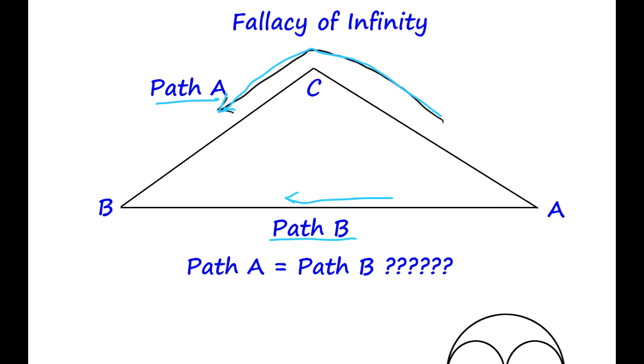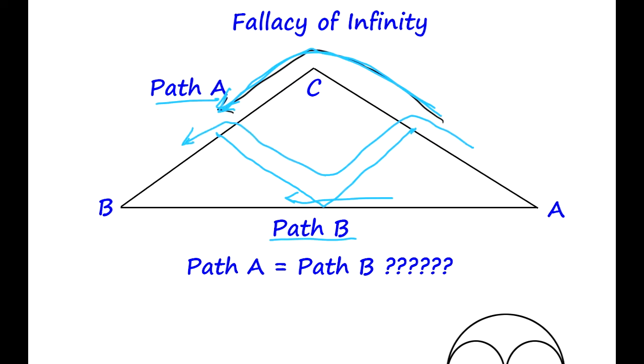Watch carefully. Suppose we have A to C and we take a midpoint, and C to B we take a midpoint. And we fold this portion down here below. So this path is the same as this path.